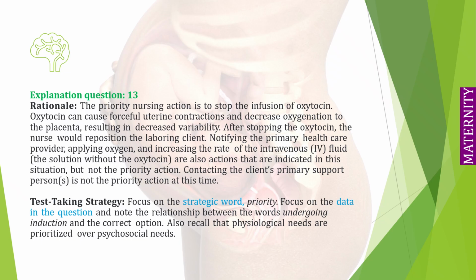Notifying the primary healthcare provider, applying oxygen, and increasing the rate of the intravenous fluid, the solution without the oxytocin, are also actions that are indicated in this situation, but not the priority action. Contacting the client's primary support persons is not the priority action at this time.